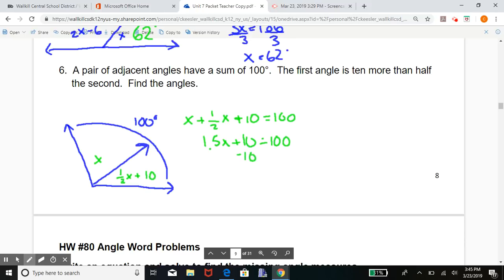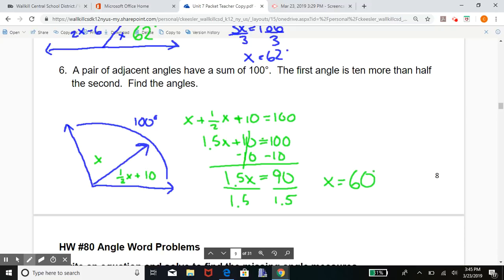Subtract the 10. And we have 1.5x equals 90. Divide by 1.5. And x equals, well, I know that 15 goes into 90 6 times. So 1.5 is going to go into 90 60 times.